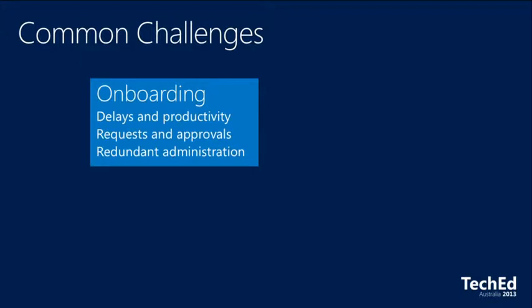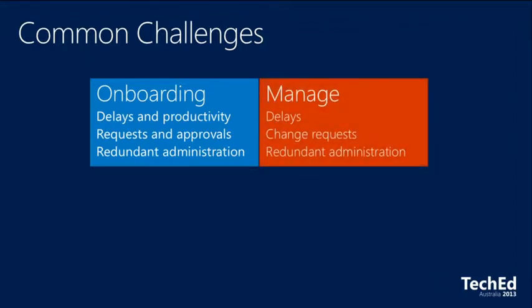And there's a lot of redundant administration, provisioning that same identity across multiple systems. In the manage phase, when the user transitions roles within an enterprise, the same delays that you get from onboarding occur, and a lot of redundant administration, making those same changes to those attributes across those systems.